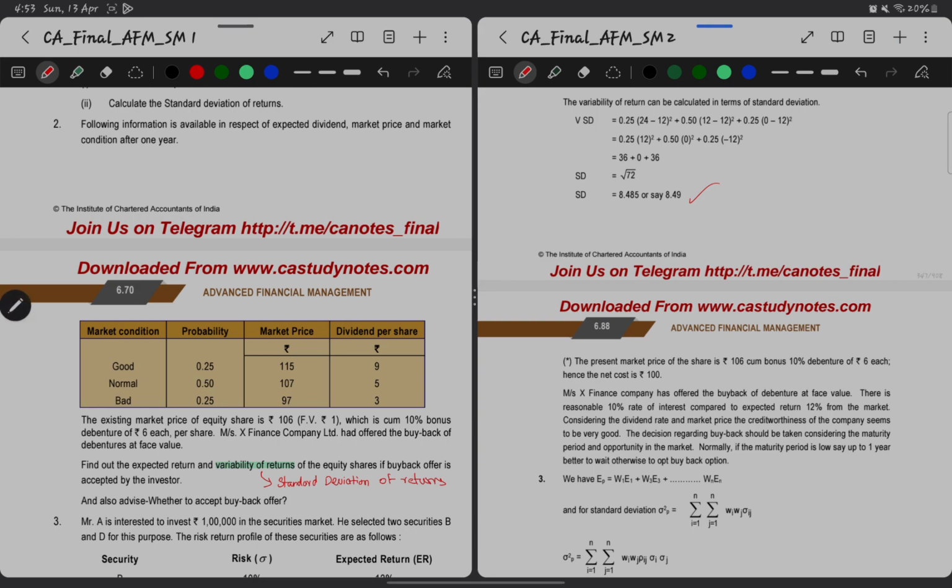Now, the decision regarding buyback should be taken based on the maturity period of the debentures. Why?